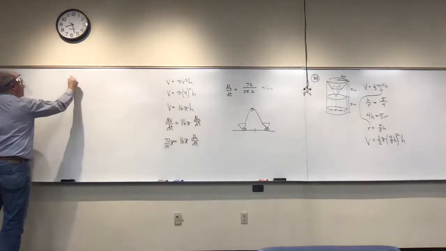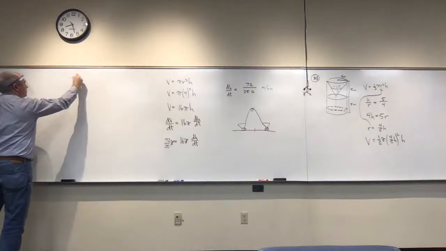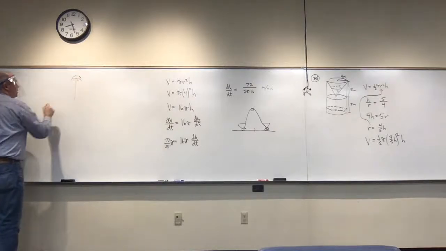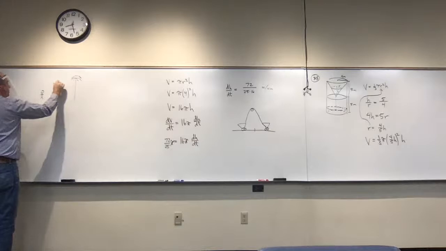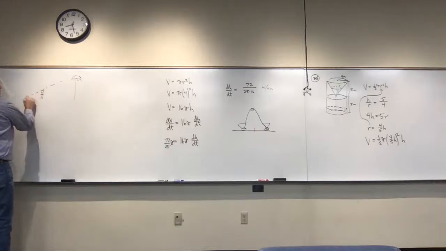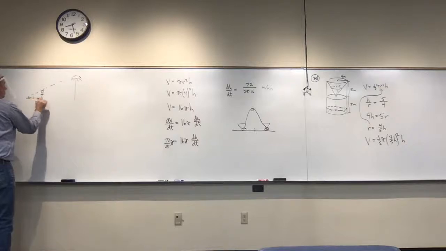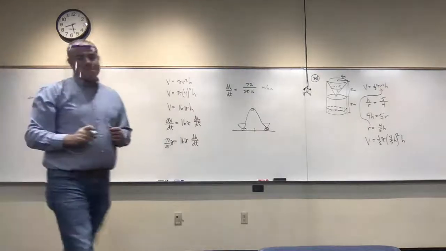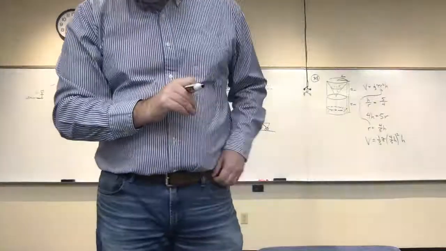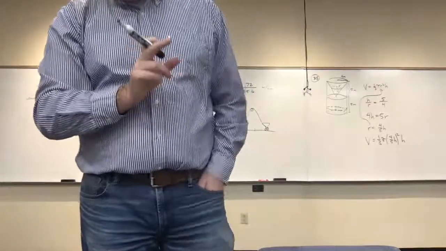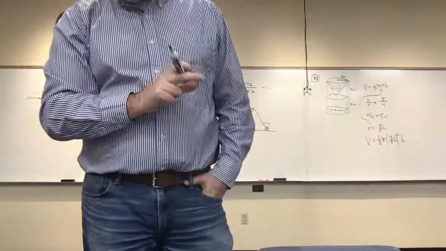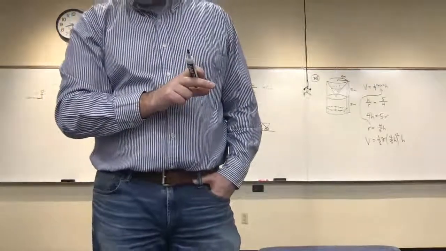Okay, so we've got a street light, and then we've got somebody out here. They're 5 feet tall, and the street light is casting a shadow. So what is the rate of change of the length of the shadow when she's 15 feet from the street light?